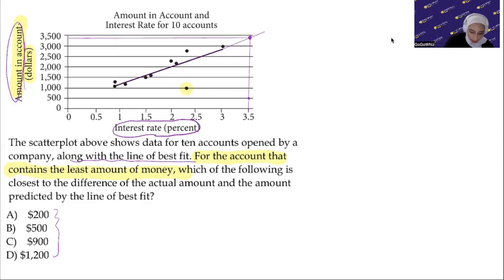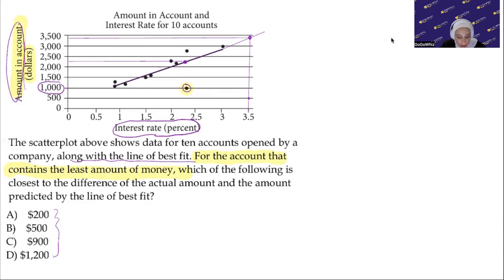If this is our actual amount, we see that it sits at 1,000 for this point, the least amount of money in a bank account. Assuming the line of best fit was supposed to predict where it was, what is the difference between the predicted amount and the actual amount?